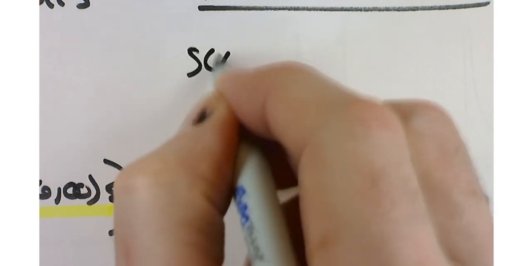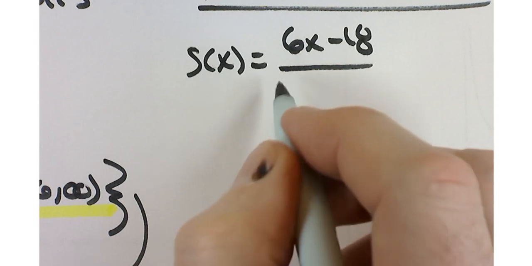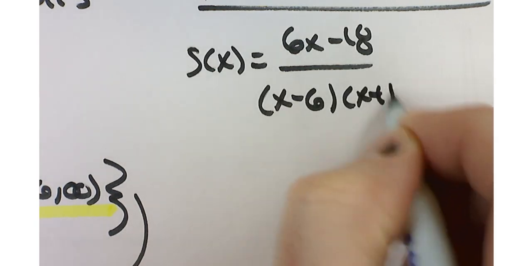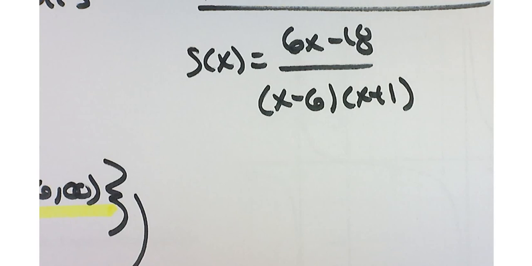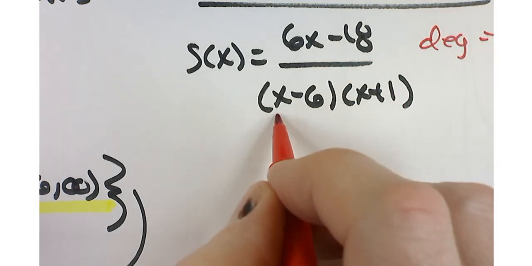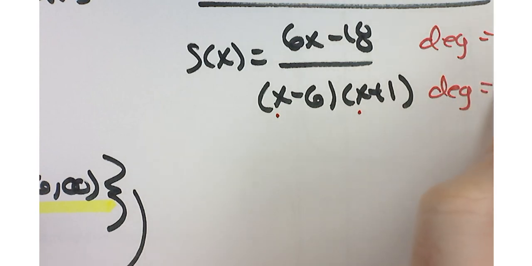S of x is 6x minus 18 over x minus 6 times x plus 1. What's the degree of the numerator? 1. Right, so the degree of the numerator equals 1. What's the degree of the denominator? 2. x times x is going to be an x squared, so the degree here is 2.